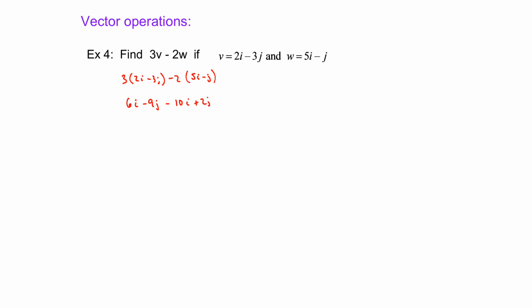So you get 6i minus 10i would be negative 4i, and negative 9j plus 2j is negative 7j. So 3 times vector v minus 2 times vector w is negative 4i minus 7j in linear combination form. Once again, component form would look like this.